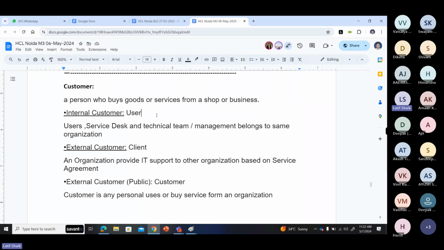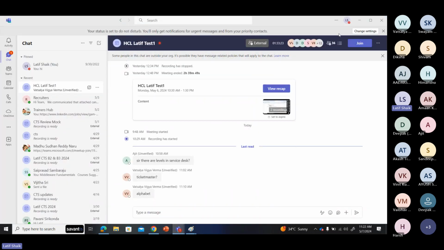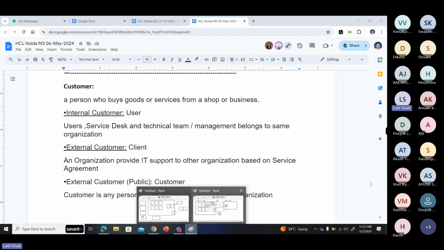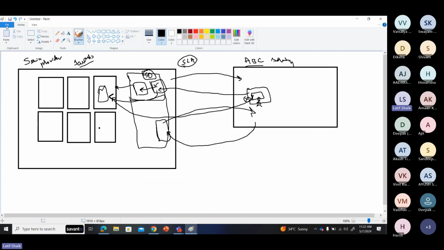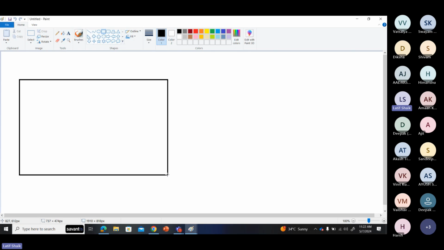Here, as I said, there are two types of customer: internal customers and external customers. I will try to explain internal and external customers simply, based on our understanding at the service desk level only, from the service desk point of view.